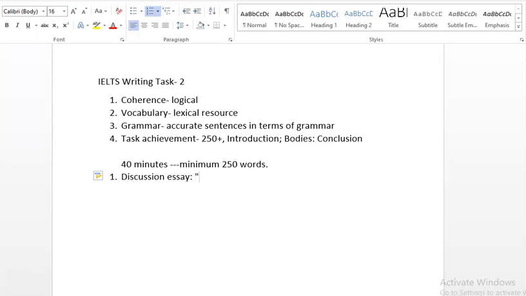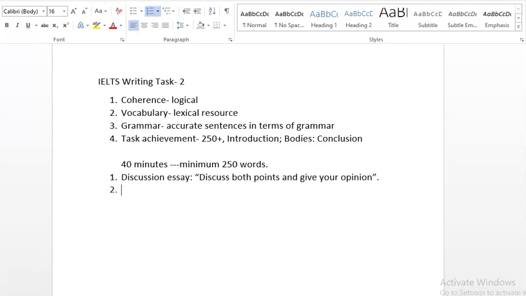The question usually says, for example, discuss both points and give your opinion. So I think it's quite understandable why this essay is called discussion, because the topic says discuss both points and give opinion, and as a result you must say your opinion at the end of your essay.